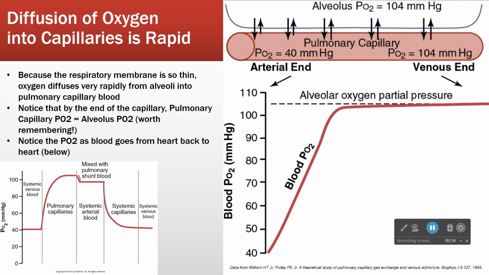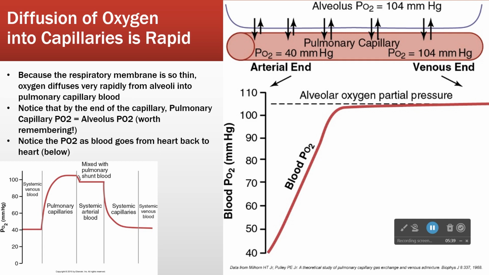Now, as we enter the systemic circulation, you'll see a slight reduction in oxygenation. This is because some of the blood that passed through the lungs didn't pick up any oxygen, because of dead space and because of zone 3 areas that we talked about the other day. So we have some amount of shunt.